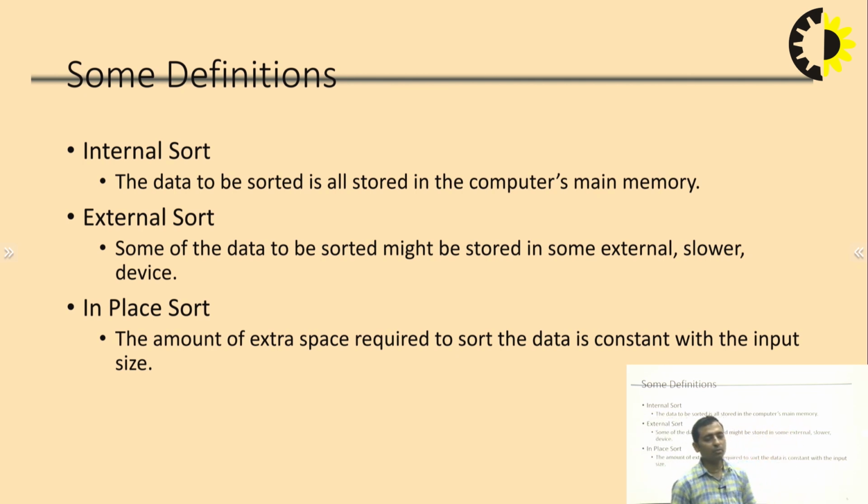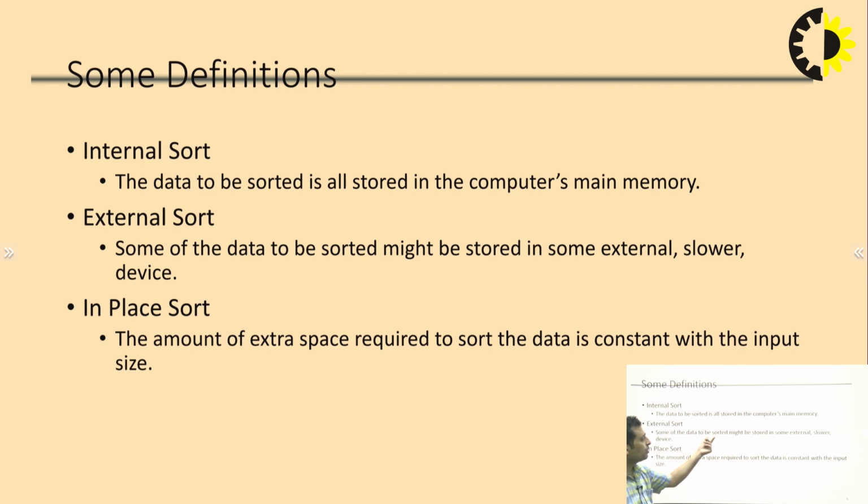There are two types of memory: first is main memory and then external or secondary memory. If all the data to be sorted is kept in the main memory, that is in RAM, then this type of sorting is known as internal sorting or internal sort.